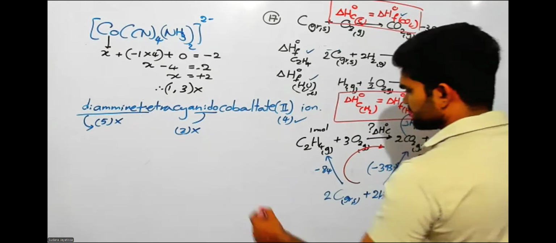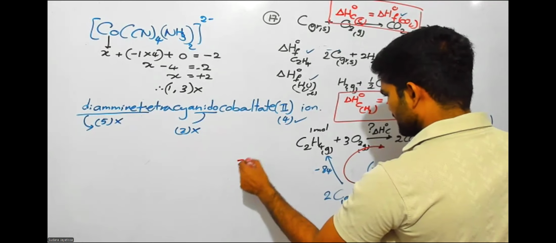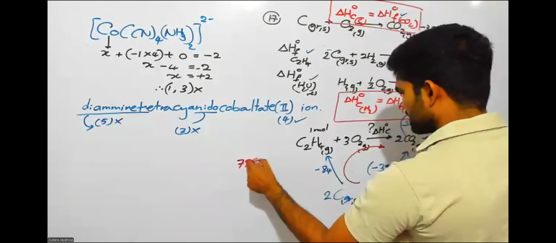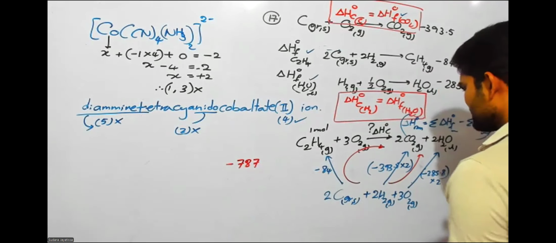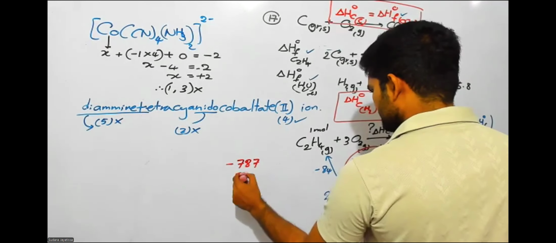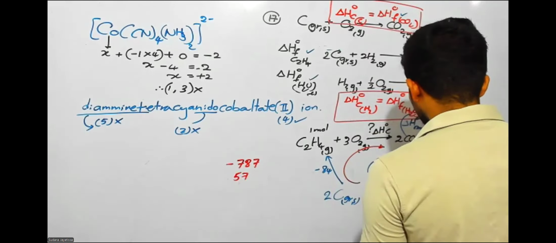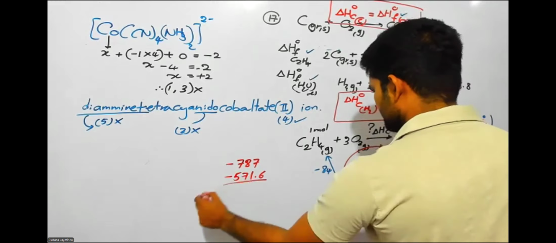Okay, 393.5 minus and 285.8, so 571.6, negative.